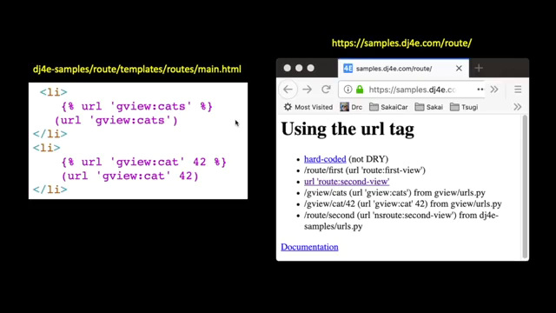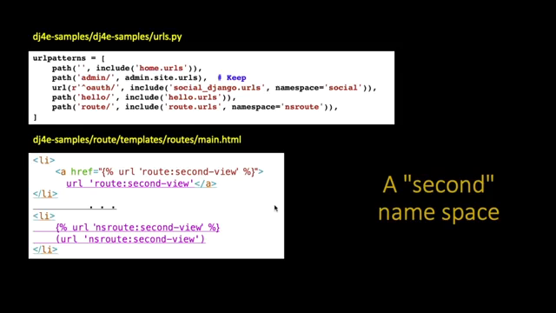And so this is what it looks like. So this gview_cats URL and gview_cat42, this one that actually is the detail page that demands a parameter, it constructs that just fine. Okay? So that's going from the route application to the gview application.